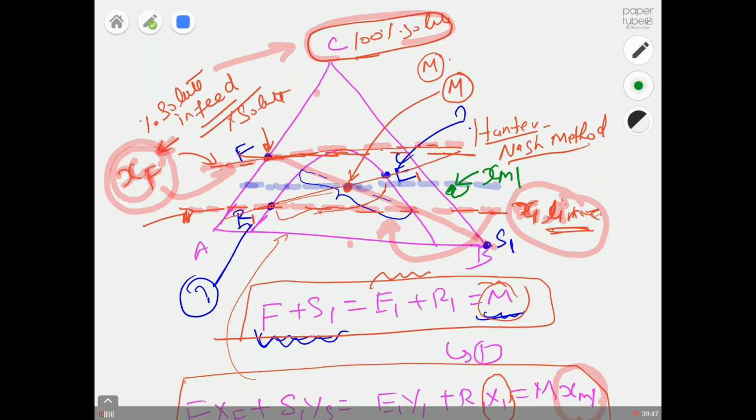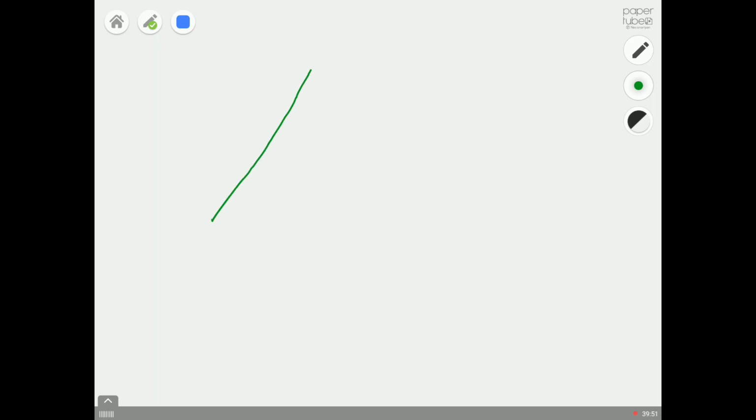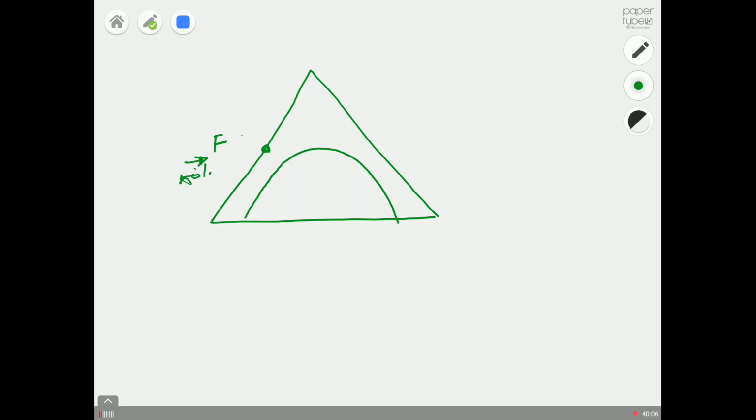So in the problem, we have our feed. We know the percentage of acetone in the feed. I think it's 50%, so this will be like a 0.5 somewhere. And then we have a solvent, which this time is not pure.